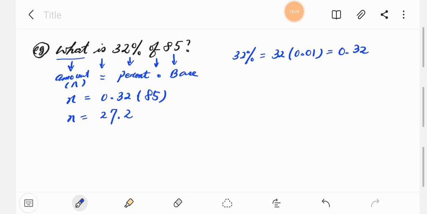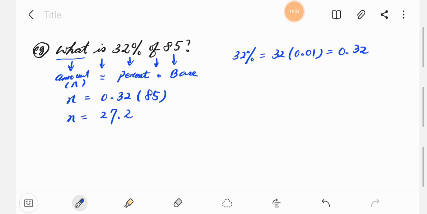So 27.2 is 32% of 85. The textbook is explaining a different method, but you don't have to try that. Just write this sentence into an equation and then solve. That's faster.